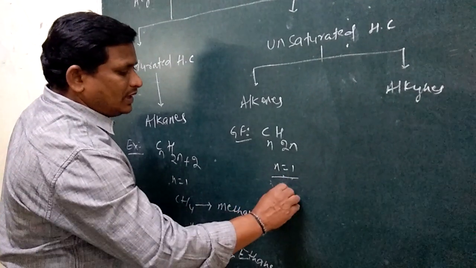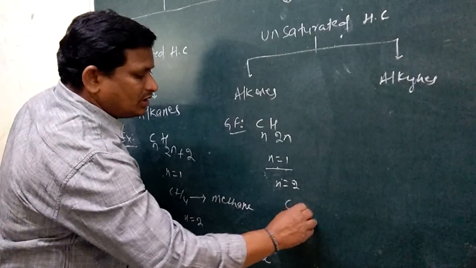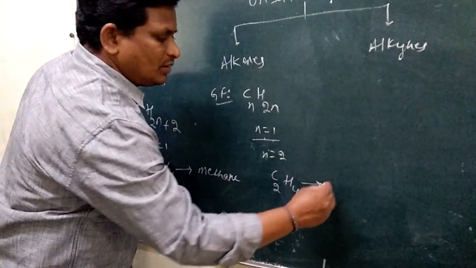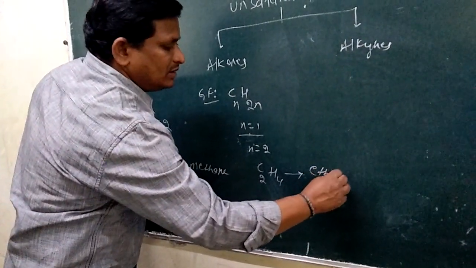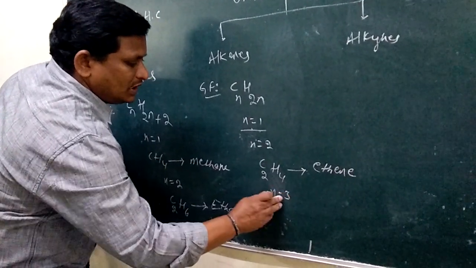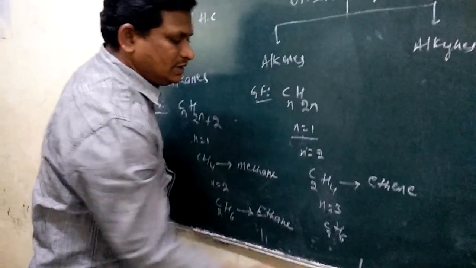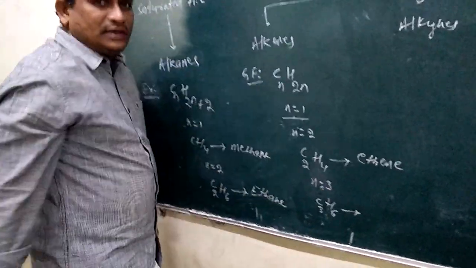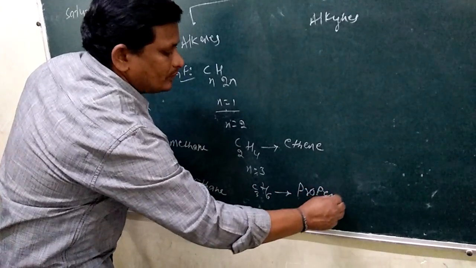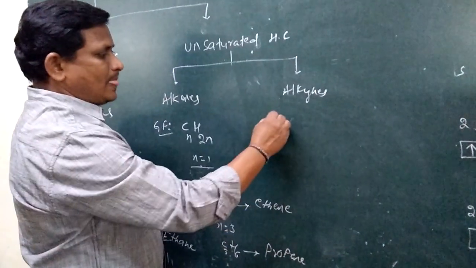If n equals 2, the molecular formula is C2H4, and the compound is ethene. If n equals 3, the molecular formula is C3H6, and the compound is propene.